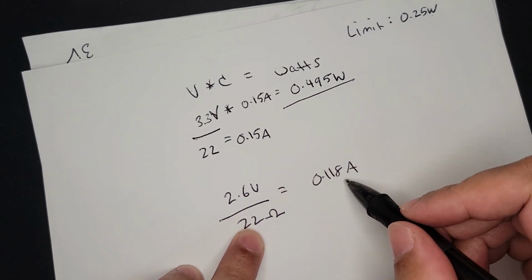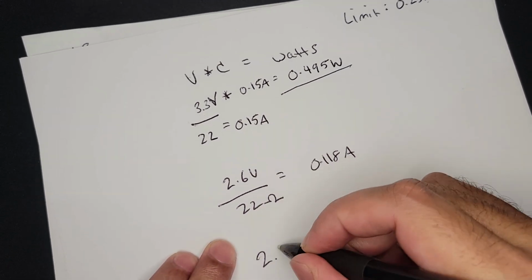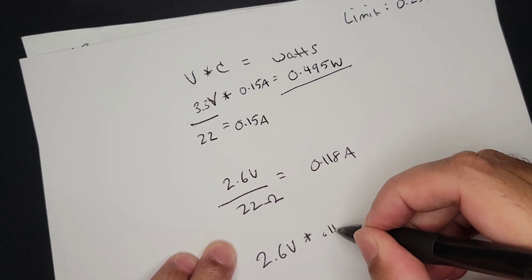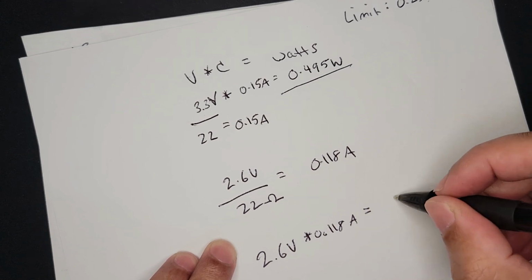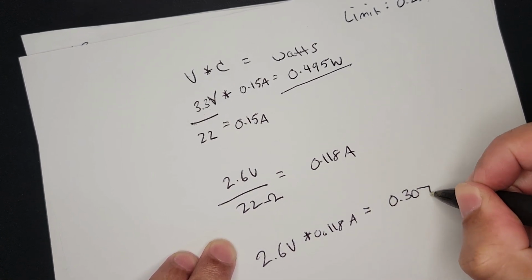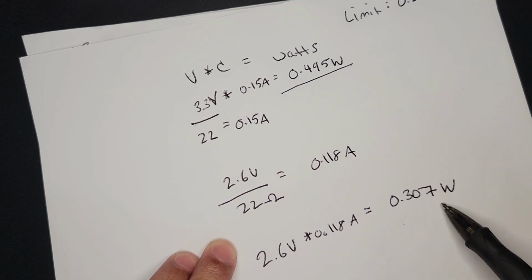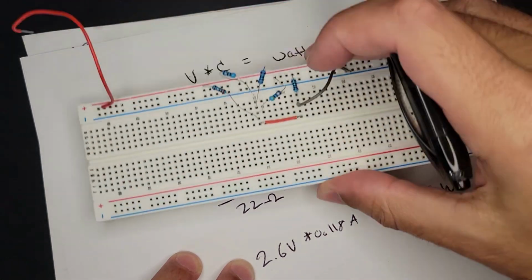So 118 milliamps. If we multiply then 2.6 volts times 0.118 amps, we get 0.307 watts.